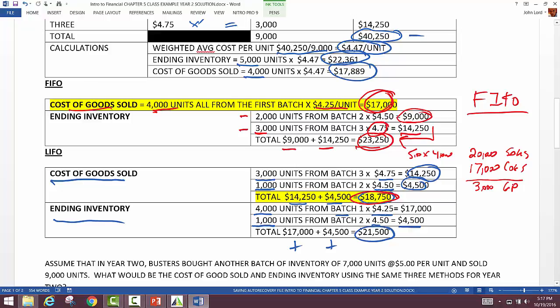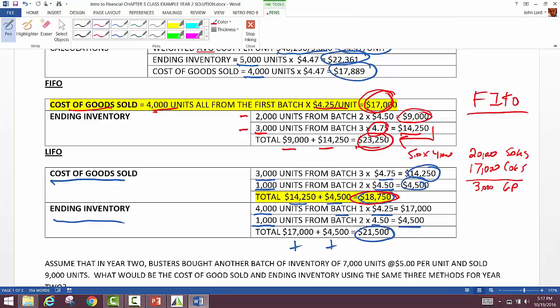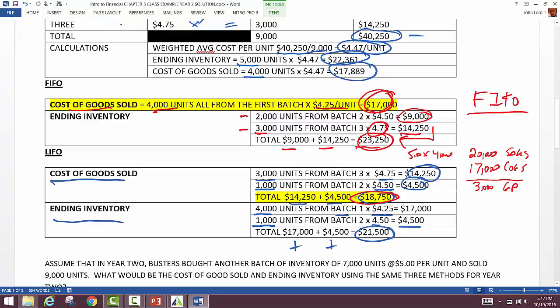Okay. If I'm sitting here and I'm using the LIFO inventory method, my sales price is still $20,000, isn't it? Because I'm still selling them for $5 a pop. 4,000 times 5 is 20,000, right? That's my sales.